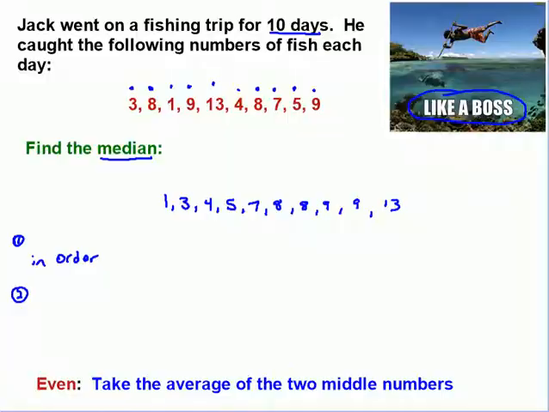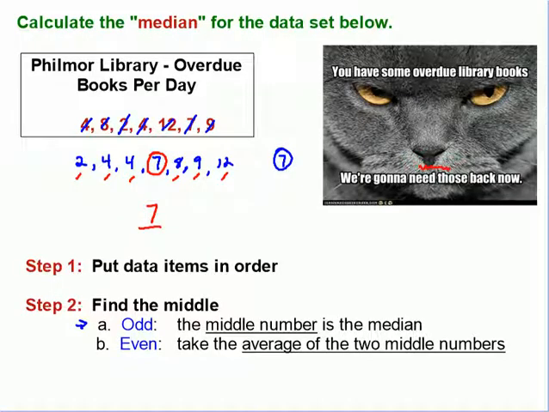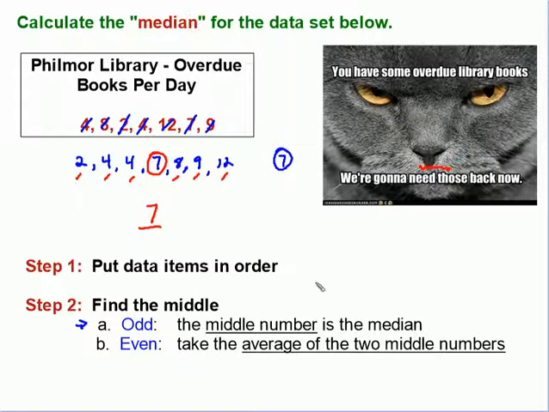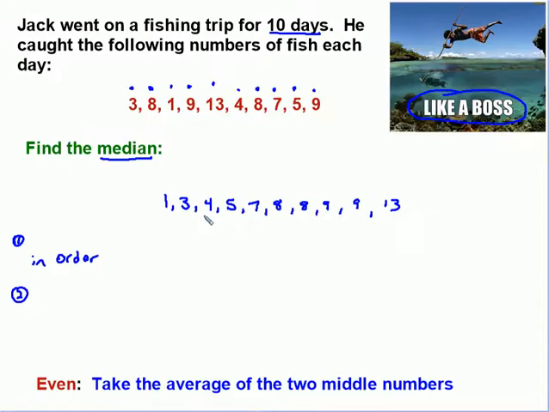And if you'll remember, our rule was if it's even, you take the average of the two middle numbers. Well, let's count them. 1, 2, 3, 4, 5, 6, 7, 8, 9, 10. So we have to take the average of the two middle numbers. Let's find the middle numbers here.